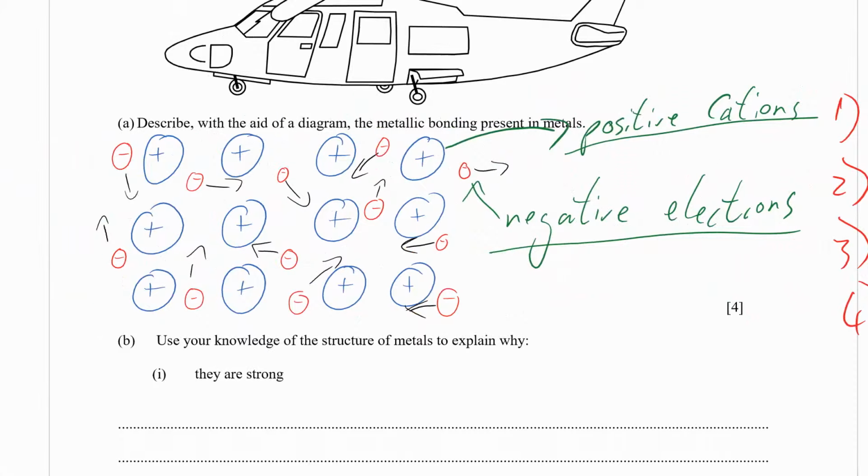Okay, so you can see here I've got the positive ions arranged in a nice order, and the electrons are a little bit random, moving around.